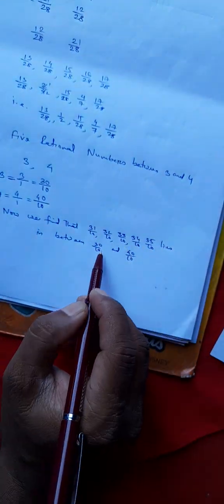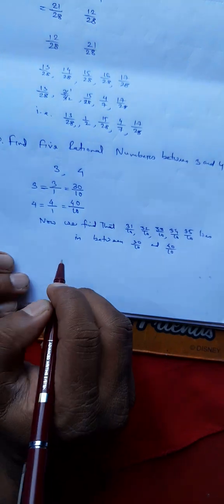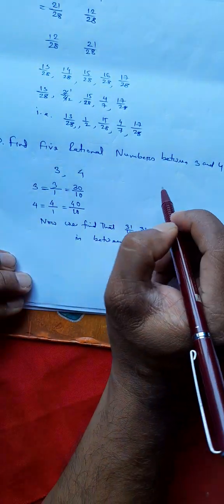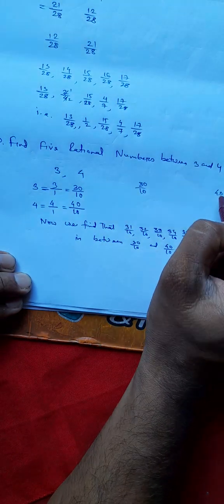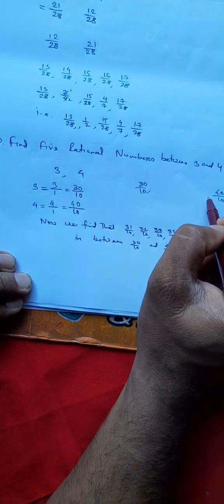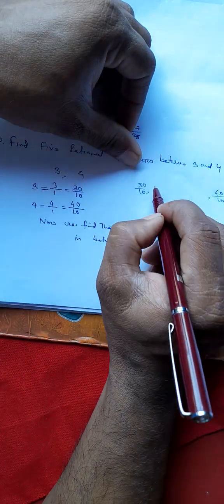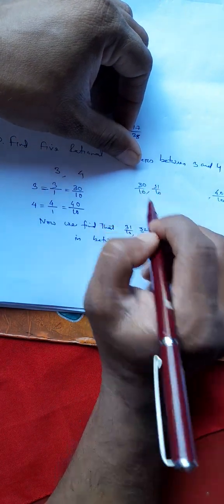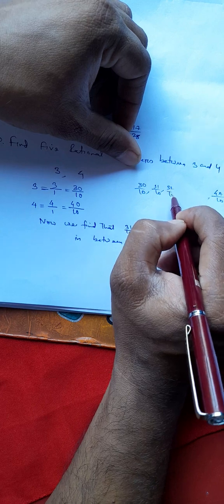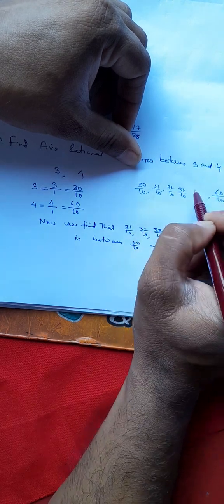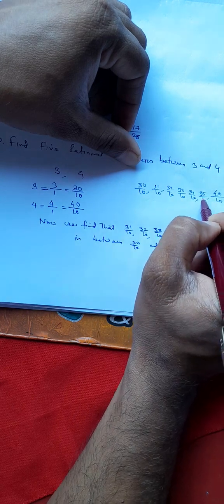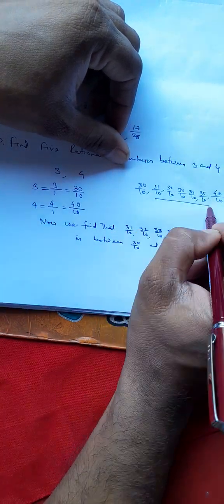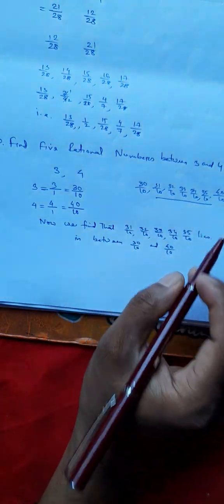You see, all these numbers lie in between 30 by 10 and 40 by 10, right? So we find some numbers in between them. They are 31 by 10, this number is greater than this, 32 by 10, 33 by 10, 34 by 10, 35 by 10. So we find 5 numbers in between 30 by 10 and 40 by 10.